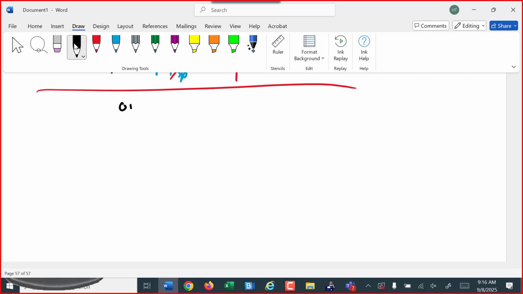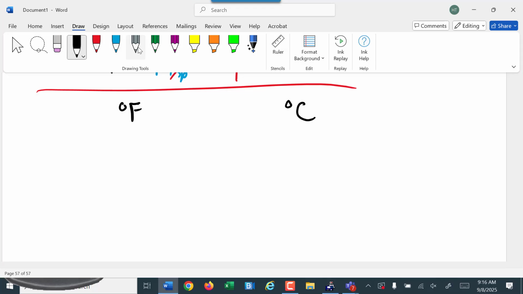So the next conversion is temperature. So we have our degrees Fahrenheit, and I'm just going to put degrees F because I don't feel like trying to remember how to spell Fahrenheit right now, and degrees Celsius. Our benchmarks for temperature, of course, are water freezing and water boiling.